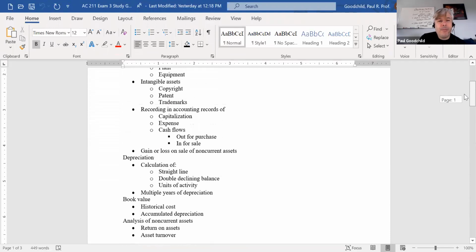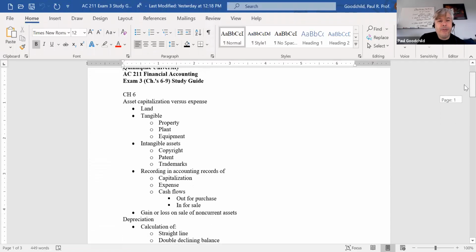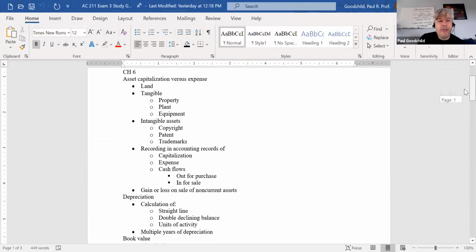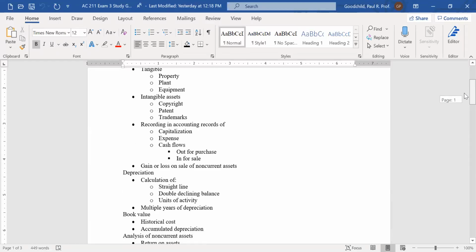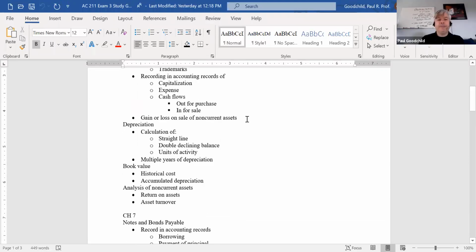Any questions about the material in chapter 6 that you should be familiar with? Can you briefly run through gain or loss on sale of non-current asset? Sure.